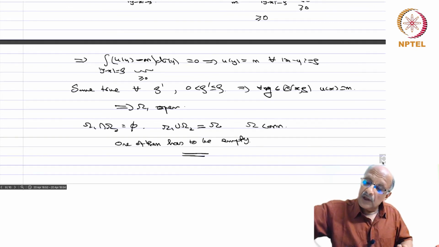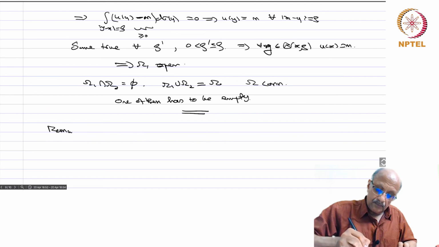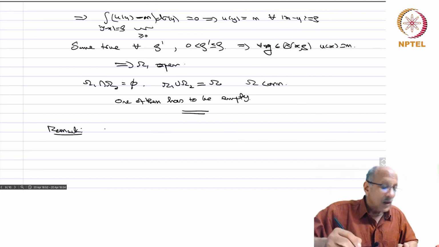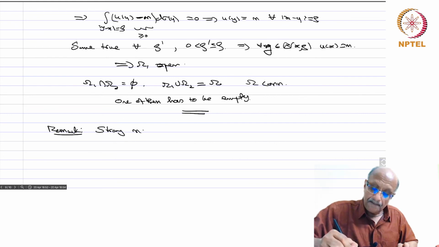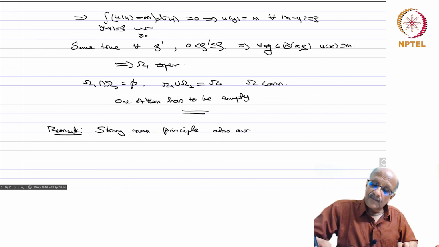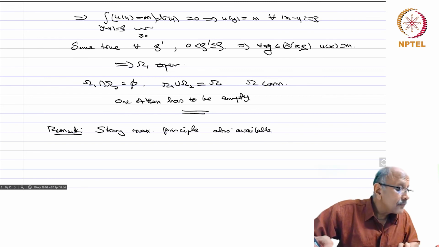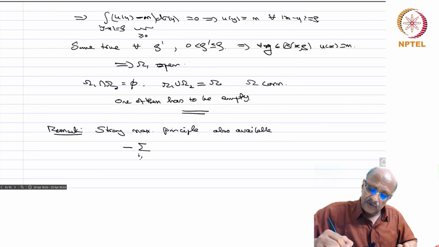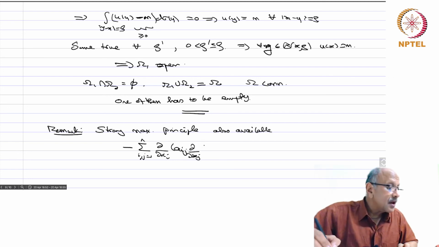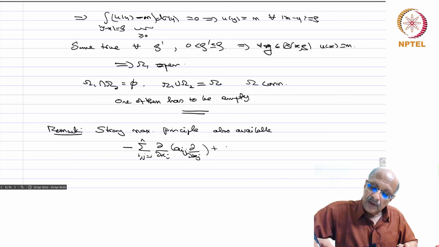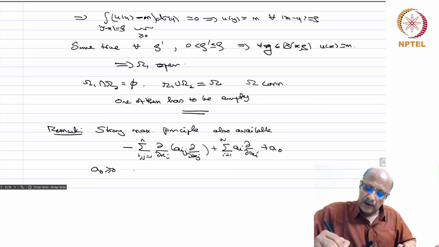So, a remark again: the strong maximum principle is also available for the operator minus the sum over i, j equals 1 to n of d by dxj of (aij d by dxi), plus the sum over i equals 1 to n of ai d by dxi plus a naught, where a naught is greater or equal to 0 and the aij are uniformly elliptic.